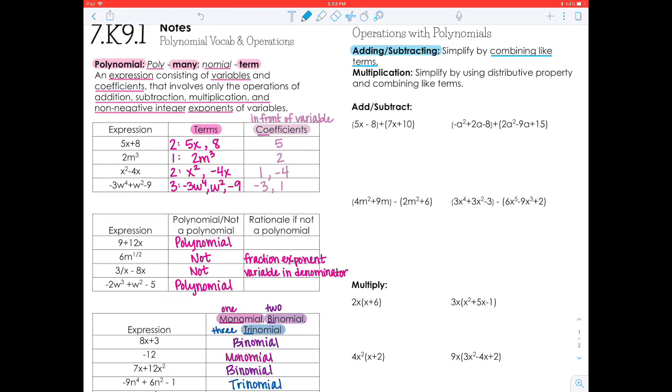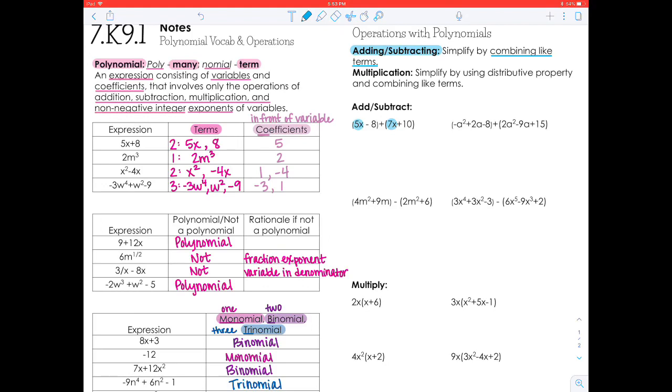Okay, so let's look at the first one. We're going to do 5x minus 8 plus 7x plus 10. Okay, so we need to figure out which terms are alike. So that's going to be the x terms, the ones that are being multiplied by x.